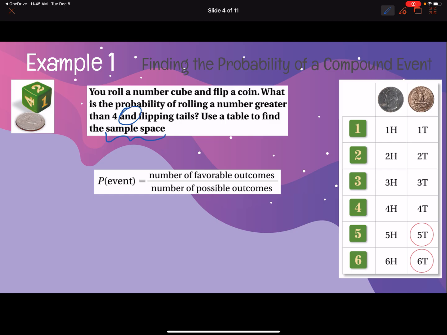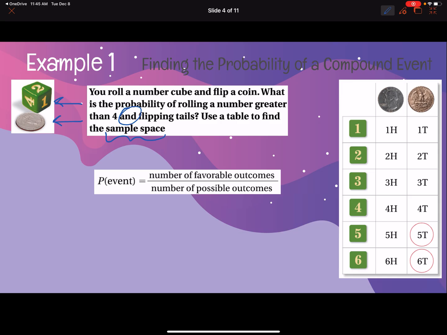So when we're looking over here at the coin and the number cube, the coin obviously has 1 head side, 1 tail side. The number cube has 6 sides with the numbers 1 through 6 listed, just like a die.